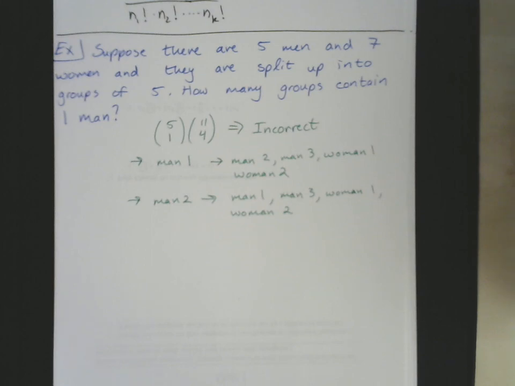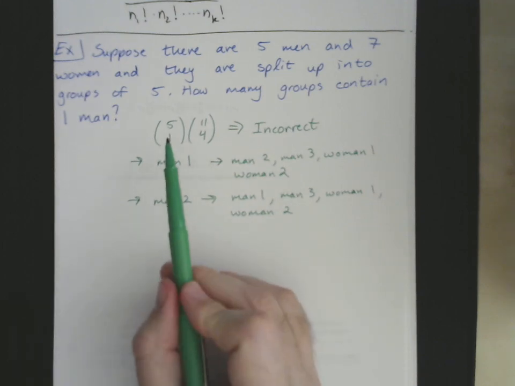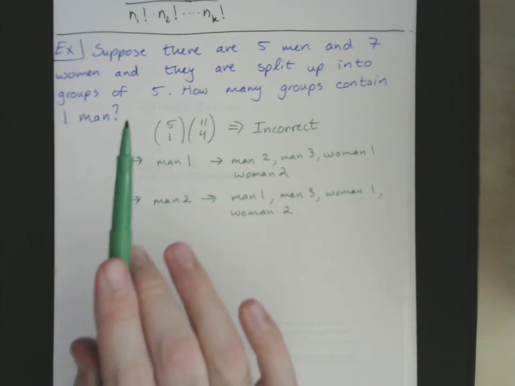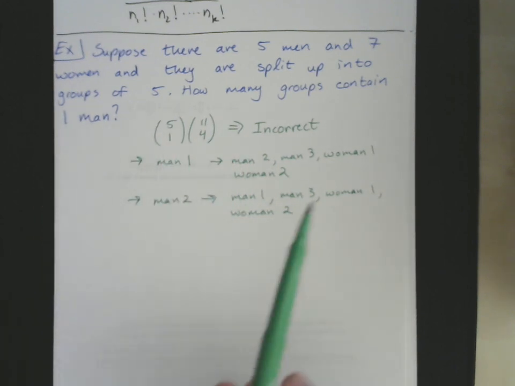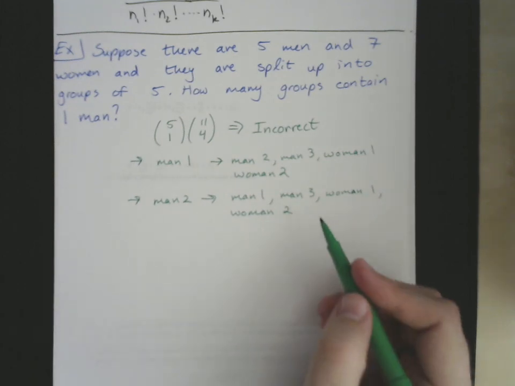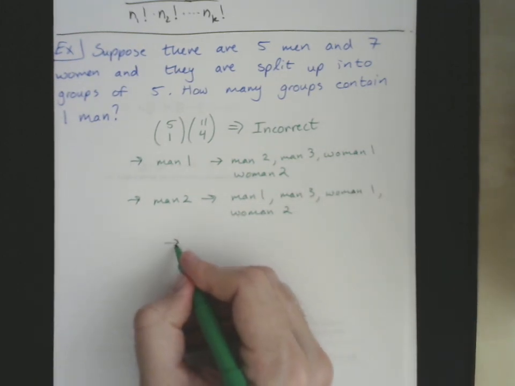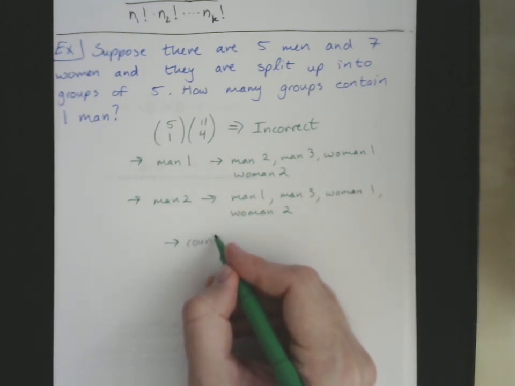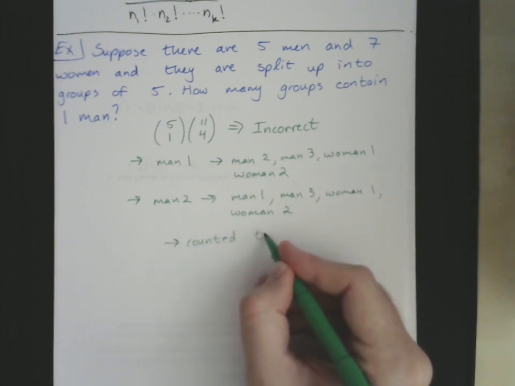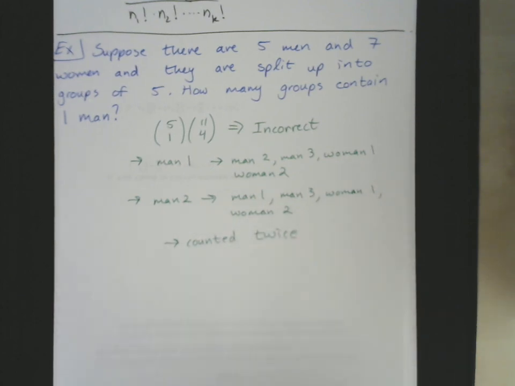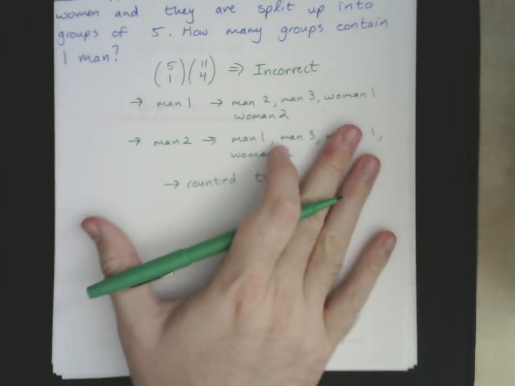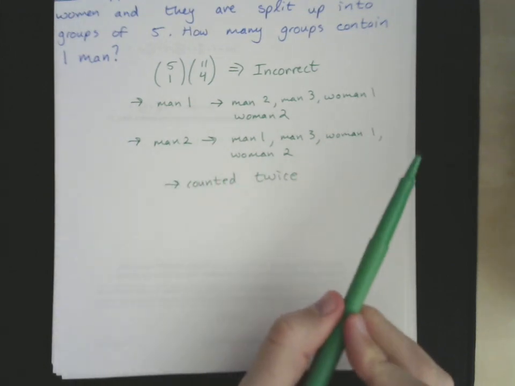These aren't different groups. Yes, we chose the initial man that made it part of the 1-man groups, or that contains 1 man, but these groups are exactly the same, and these are counted twice in this situation. This is why we have to use the distinguishable permutation theorem, because we need to be able to not count this group again.